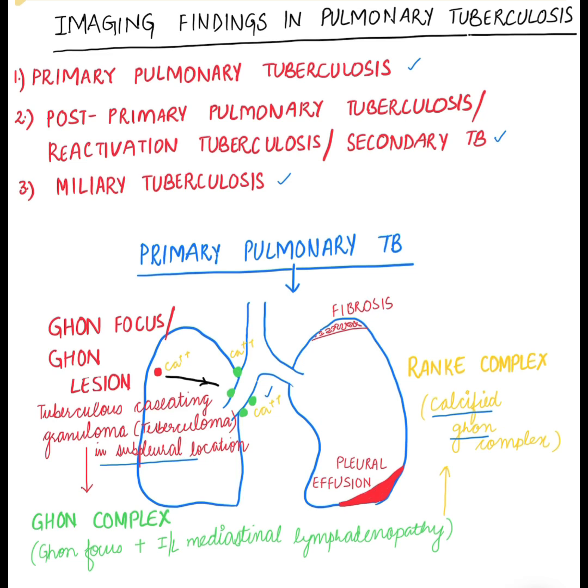In primary pulmonary tuberculosis, the initial focus of infection is usually subpleural, and the tuberculous caseating granuloma, also known as tuberculoma, is seen in the subpleural location. It is known as the Ghon focus or the Ghon lesion. The infection spreads via lymphatics and leads to involvement of the mediastinal lymph nodes.